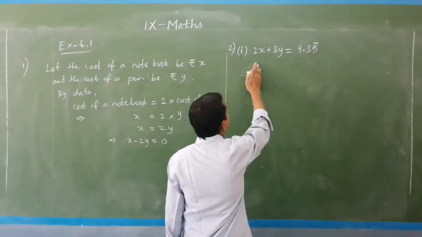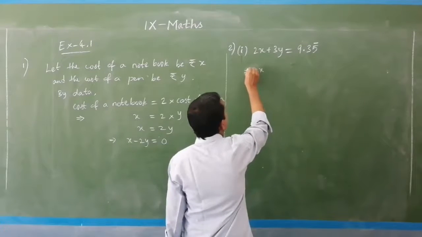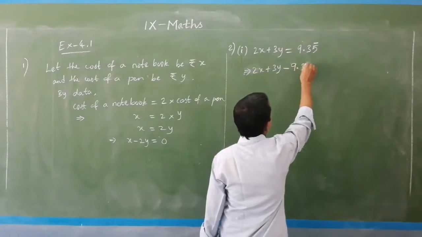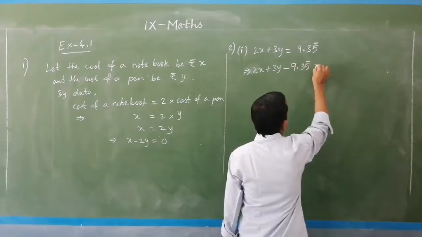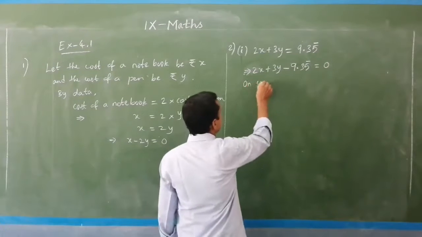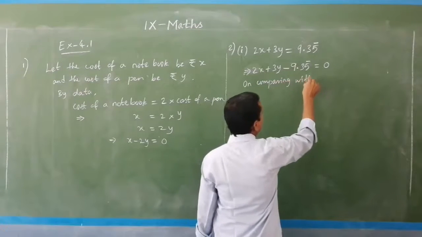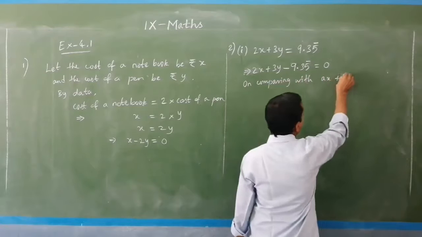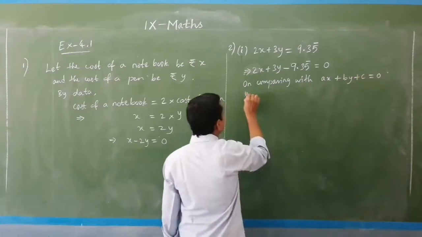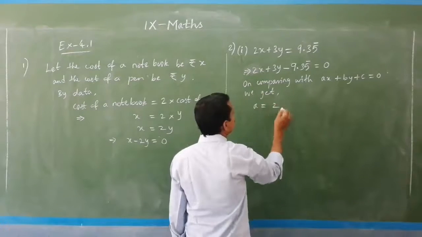So, first of all, you have to write this in general form. 2x plus 3y minus 9.35 bar is equal to 0. So, this is the general form. On comparing with Ax plus By plus C equal to 0, we get A is equal to 2.